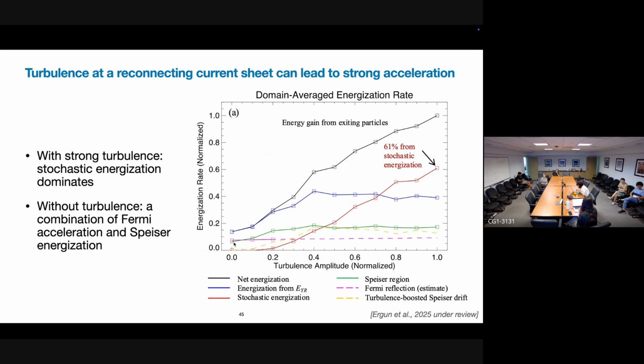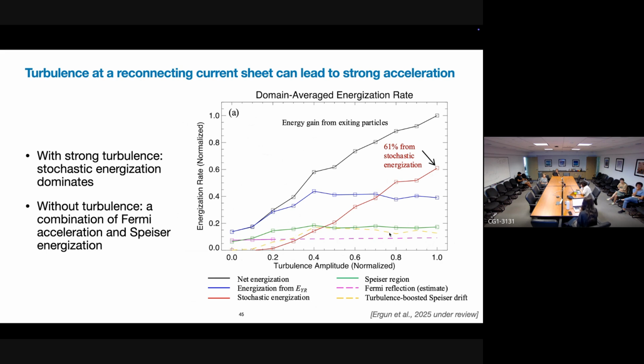The green line is the Speiser energization, and with increasing turbulence amplitude it is enhanced a little bit, but not much. The Fermi reflection saturates because at some point it just becomes 2 times the cross-V velocity. So we use a dashed line to predict how much it can get, because with too high a turbulence level, it becomes harder to trace all the Fermi trajectories.